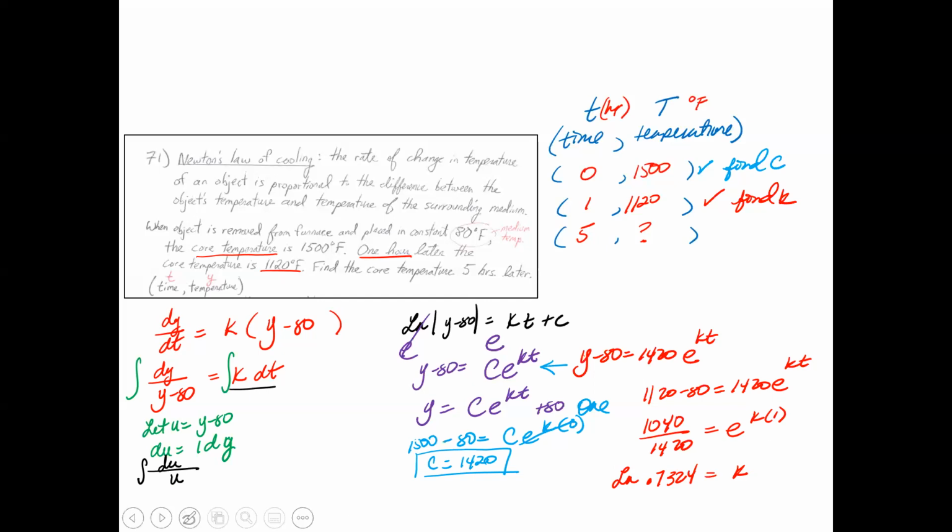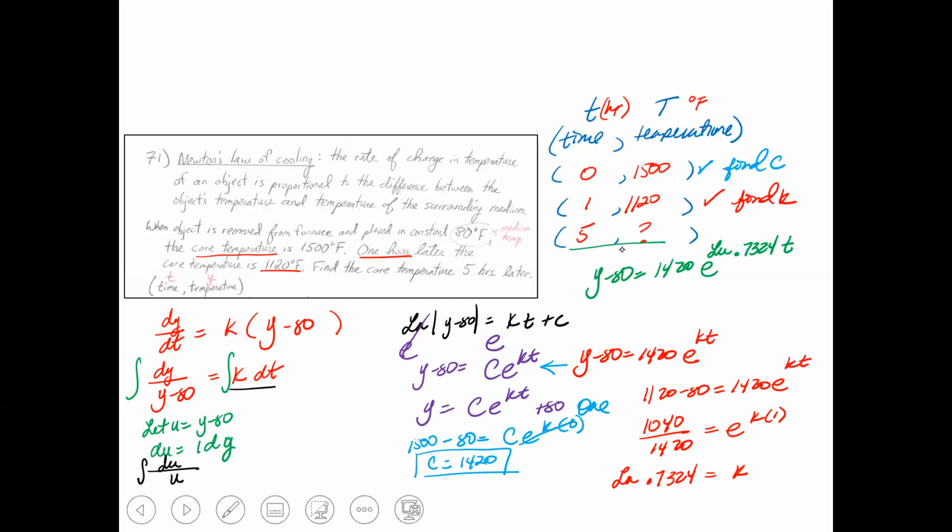So then I've completed my equation, which is y minus 80 is equal to 1420 e to the ln 0.7324 t. Now, your last question here says, well, when t is equal to 5, what is this equal to?